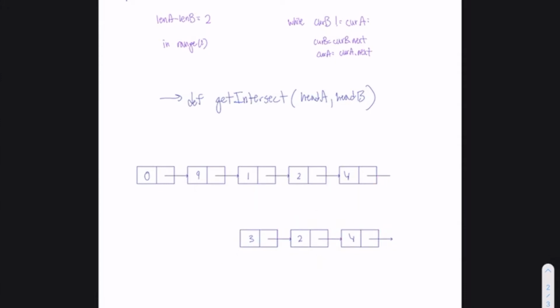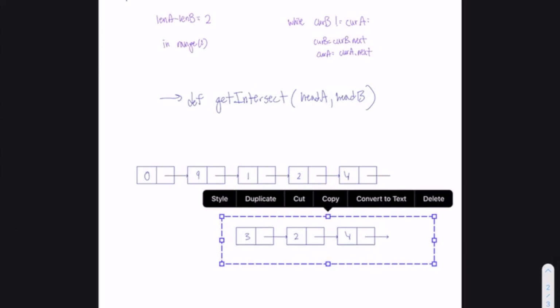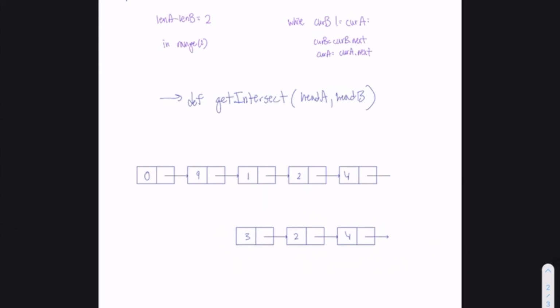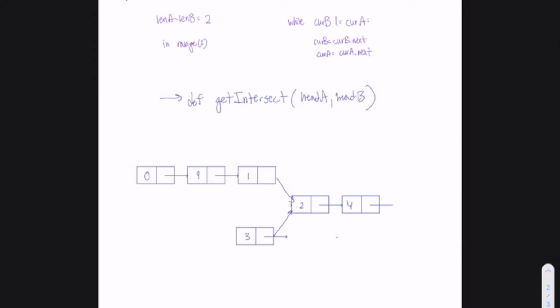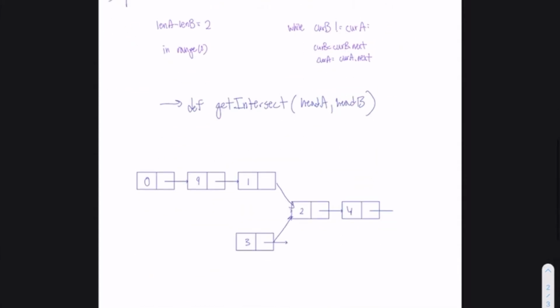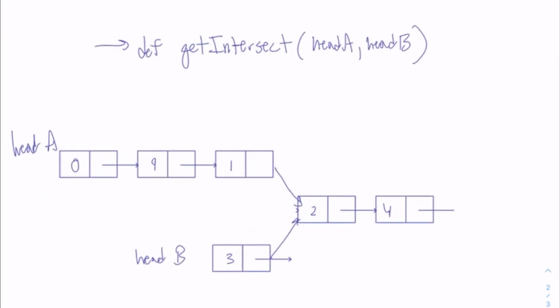We can have this linked list matched up with this linked list, so that we can link these nodes to this merged linked list, because 2 and 4 follow both linked lists, head A and head B. So we have to somehow be able to get to this point with this function definition.